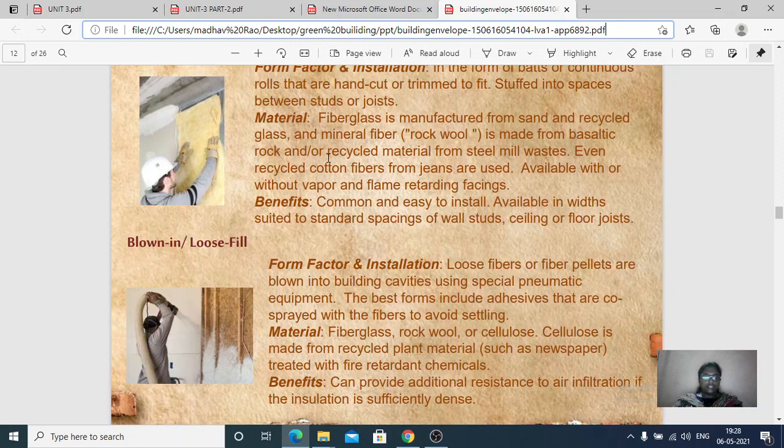The material: fiberglass is manufactured from sand and recycled glass and mineral fiber, while rock wool is made up of basaltic rock or recycled material from steel mill wastes. Commonly used and easy to install, available in widths suited to the standard spacing of wall studs, ceiling and floor joists.